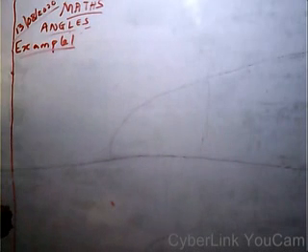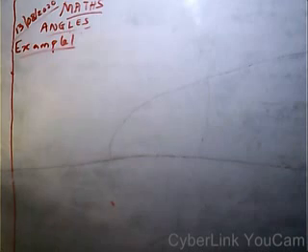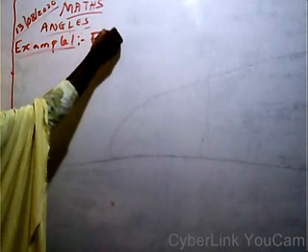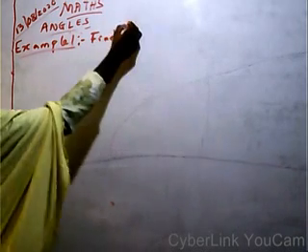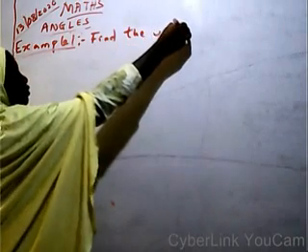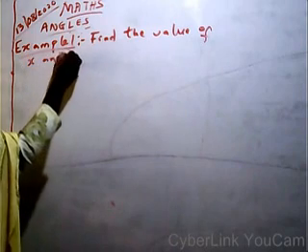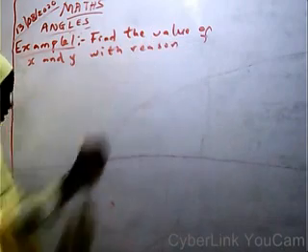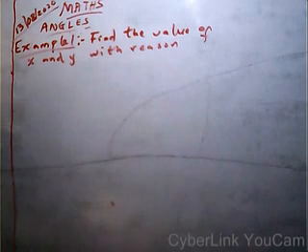The question says, find the value of x and y and give your reason. It tells us why your x is what you got and why your y is what you got.